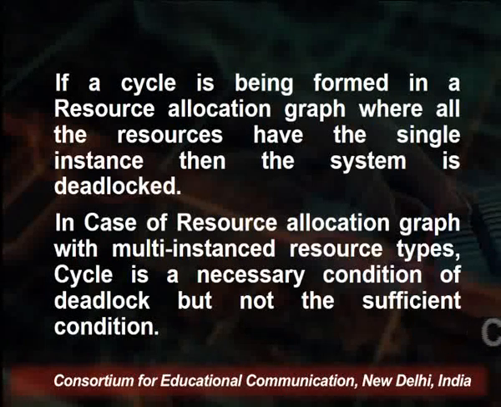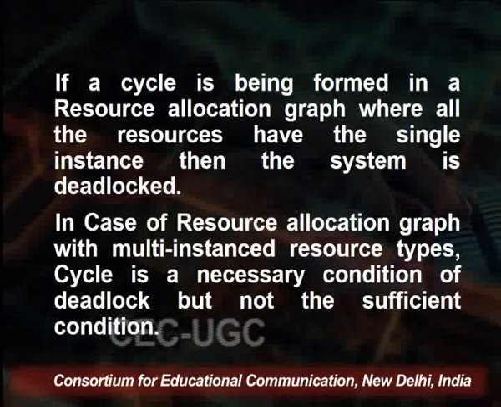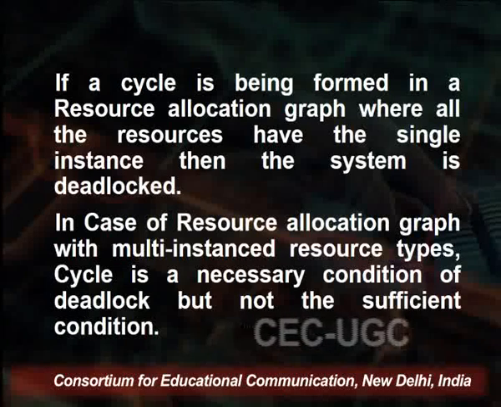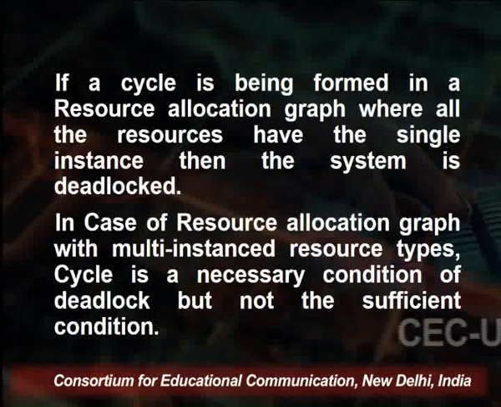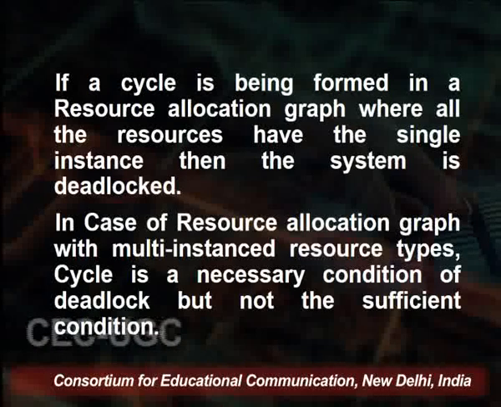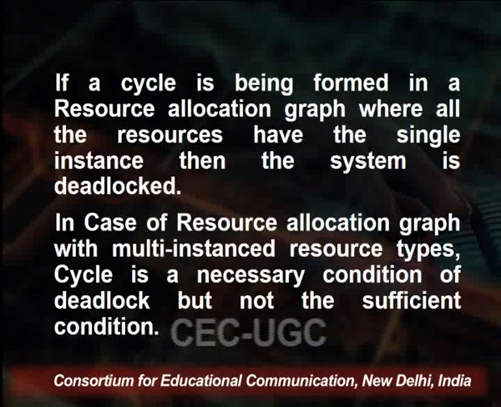In the case of a system with all single-instance resource types, the cycle is both a necessary as well as a sufficient condition. While in a multi-instance resource type system, a cycle is a necessary condition, but not a sufficient condition. Now let us see one more example in order to have deeper clarity.